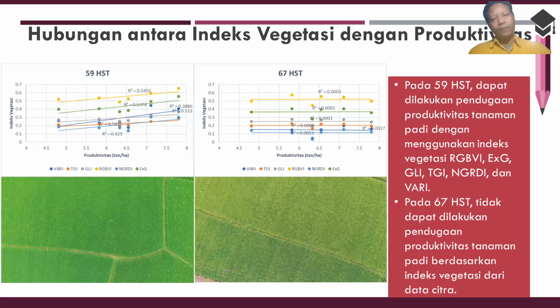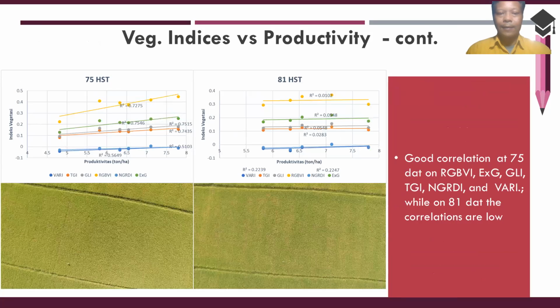Then we move further up in the crop age, and we found that the best crop age to determine the productivity is when the crop has grown for 75 days, more or less, after transplanting.